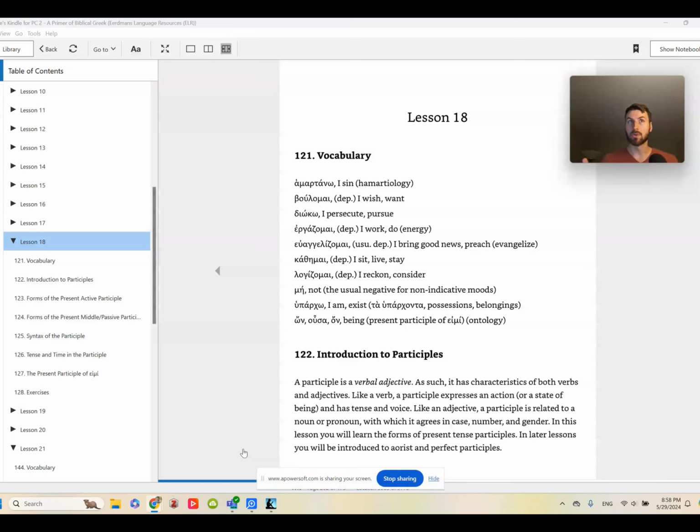I can also put an article in front of it, and I can say, the eating one is me. And there I just changed a participle, a verb, eating, into a noun, the eating one, or the one eating, the one believing, are some participles that function as nouns.